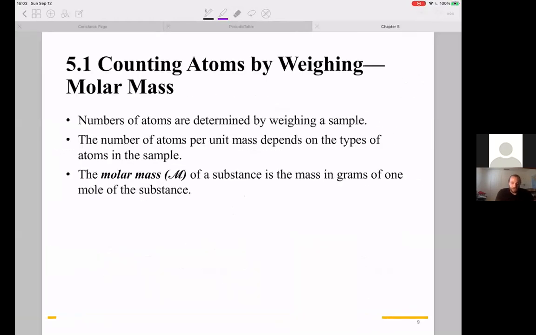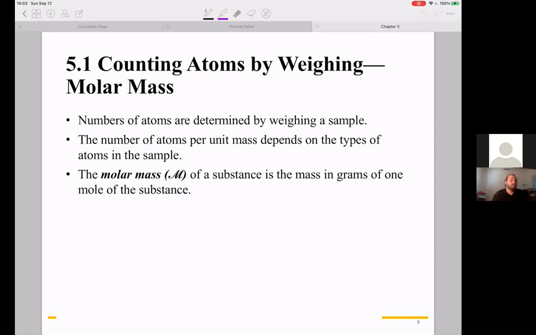First of all, if we had a machine that could actually count atoms within the chemistry lab, we wouldn't bother using our balances at all, right? We wouldn't talk about quantities in grams if we had an ability to actually count atoms, but we don't. And so the closest thing that we can do to counting atoms is to measure mass, and then convert that to number of atoms using that information, right?